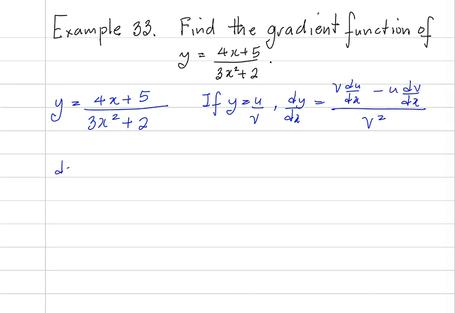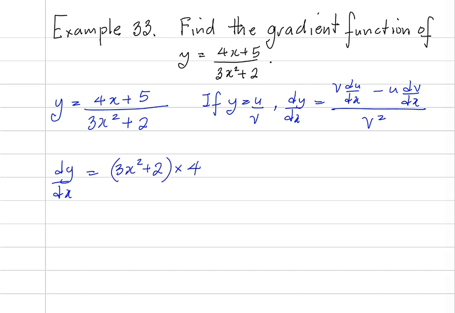So dy by dx would be equal to the denominator, which is 3x squared plus 2, multiplied by the differential of the numerator. The numerator is 4x plus 5.